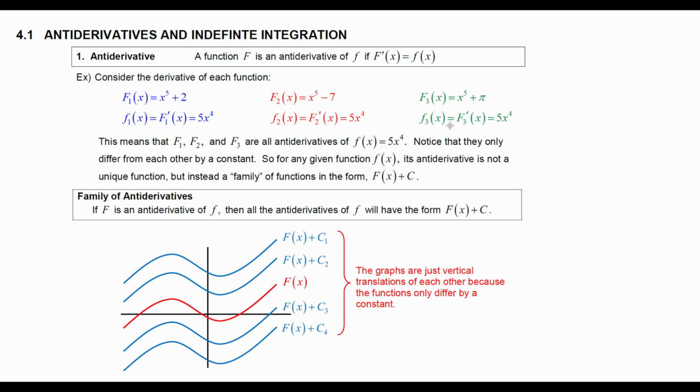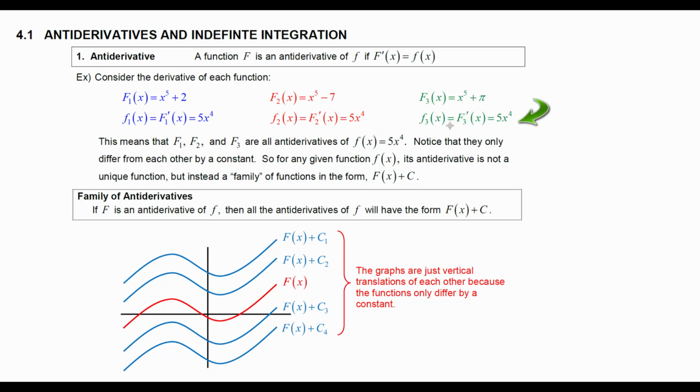Out of these three different functions, when I take the derivative of the first one, I get 5x to the fourth power. From the second function, since the derivative of a constant is 0, I still get 5x to the fourth.